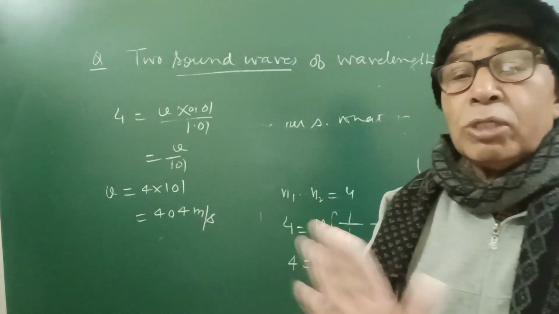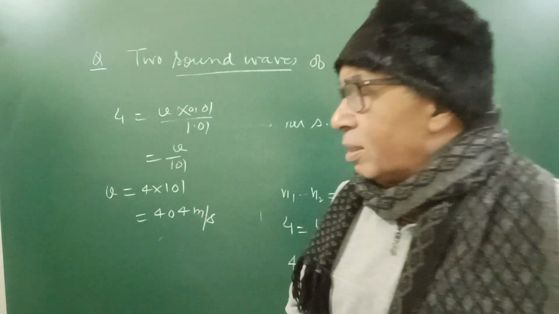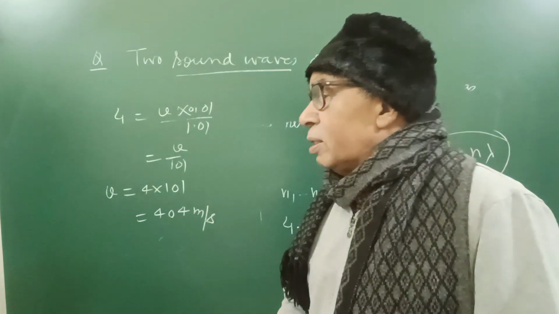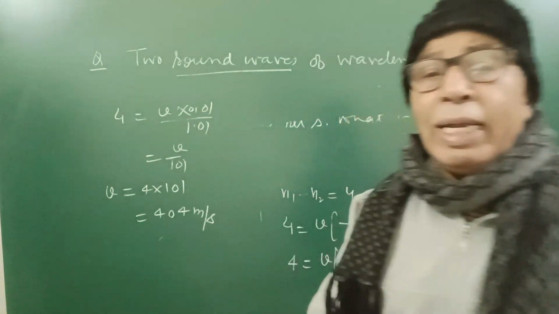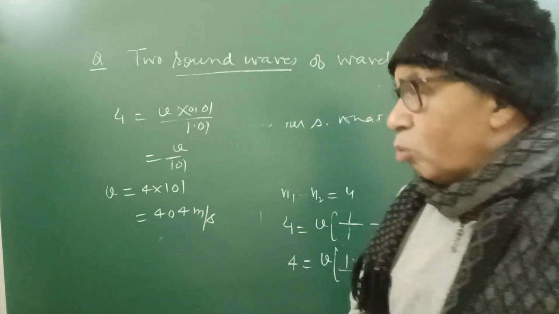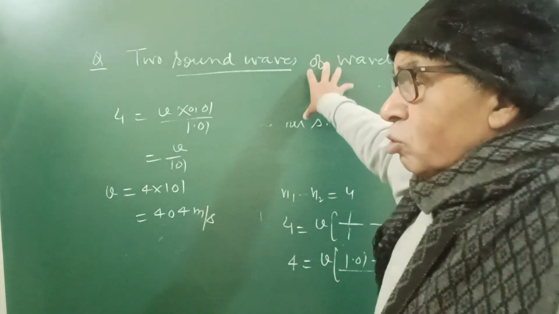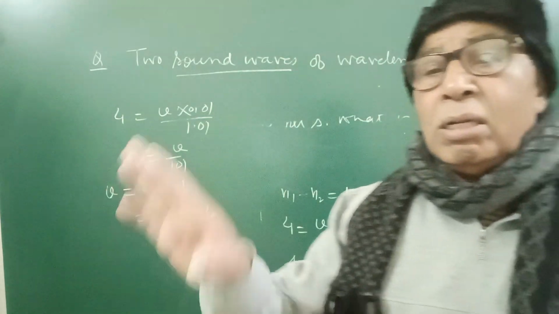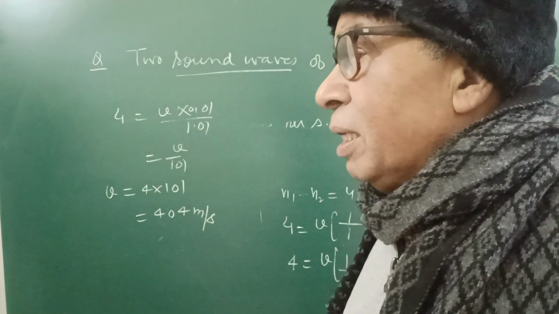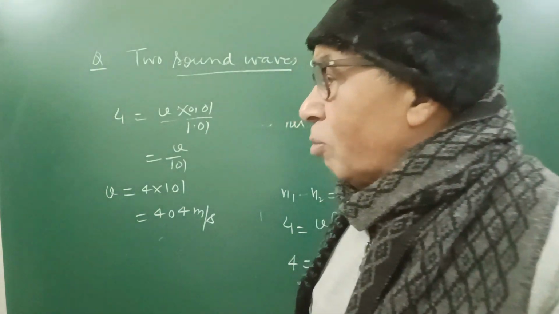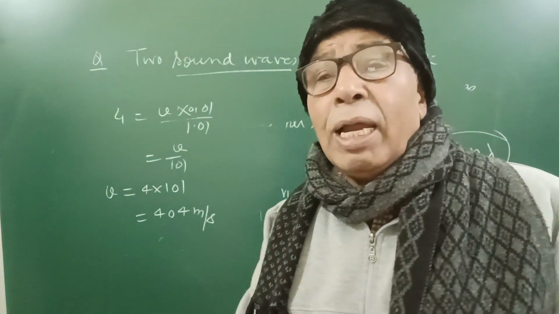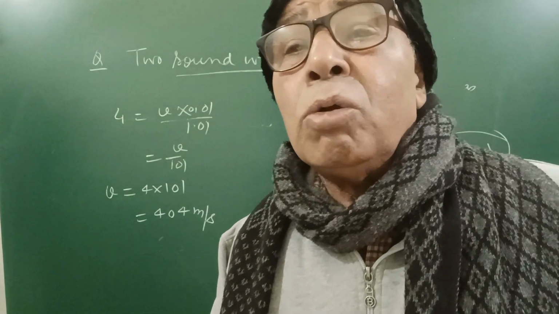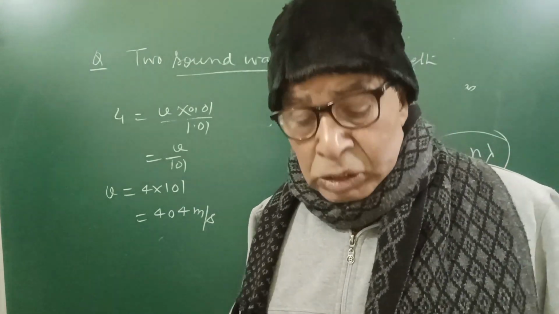This is a model question, dear student. I just wanted to tell you that beat frequency is equal to the difference of frequency of two sources, and in this question the message is that the speed of sound waves does not depend on frequency or wavelength, but depends on elasticity and density. I have told you so many formulae.